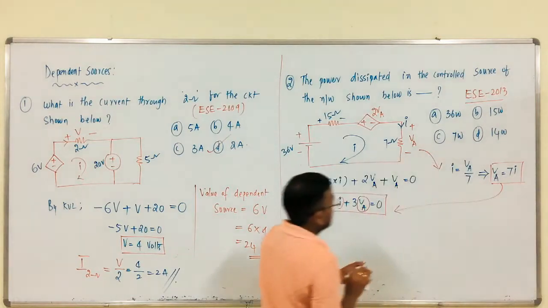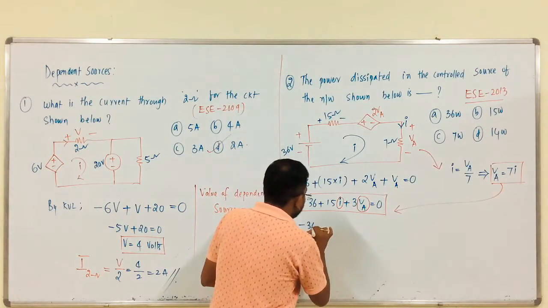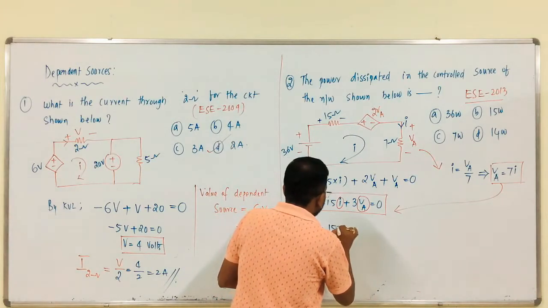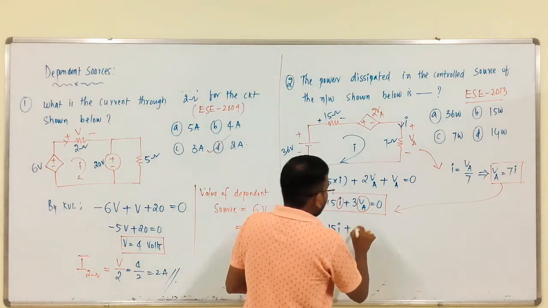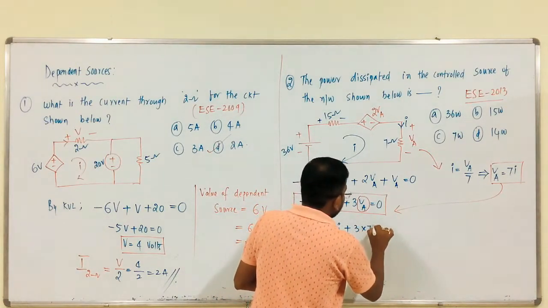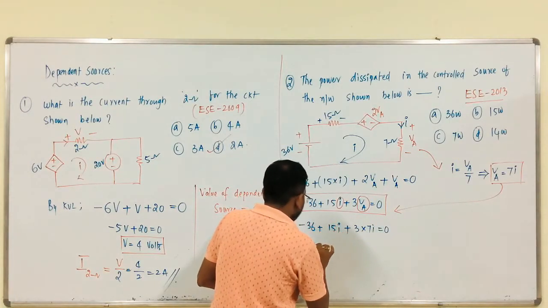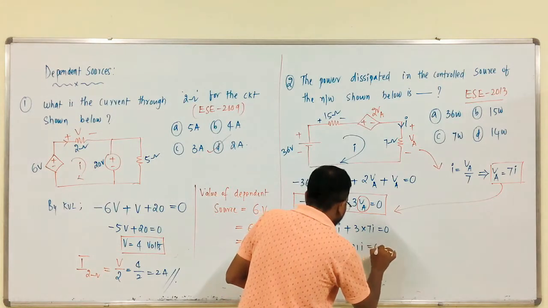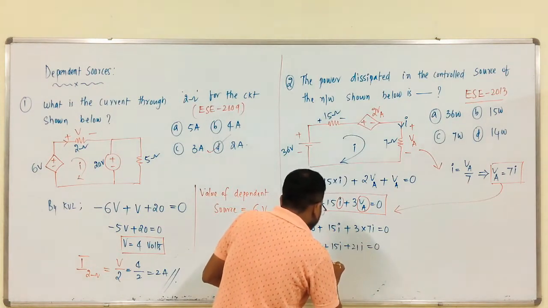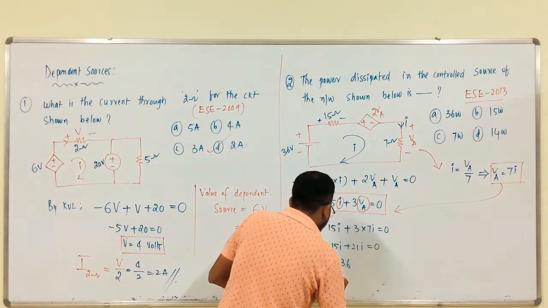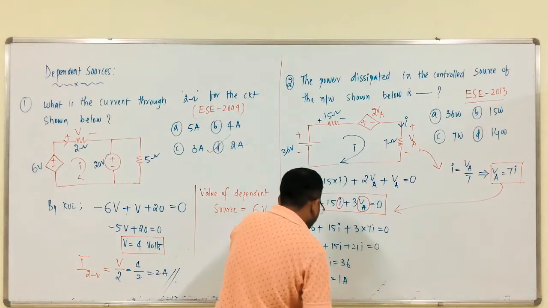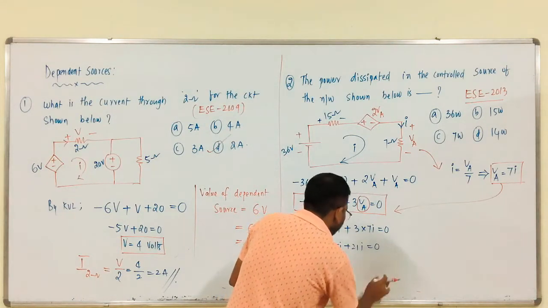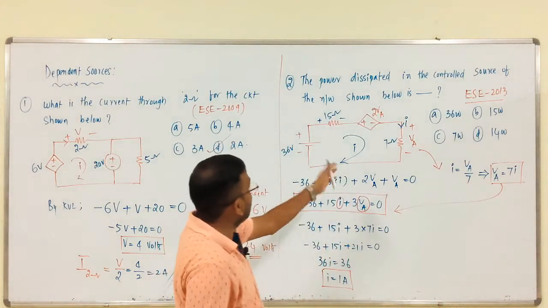Substitute this into this: minus 36 plus 15I plus 3 into 7I equals 0. So, minus 36 plus 15I plus 21I is equal to 0. From this, 36I is equal to 36, so I is equal to 1 amp. So, we got the current value, that is 1 amp.